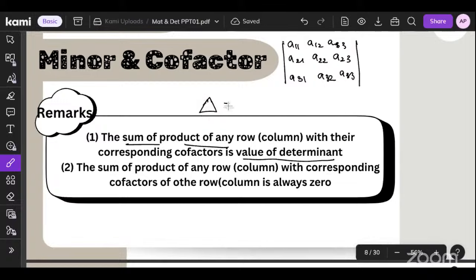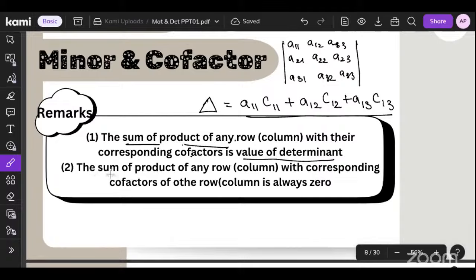The sum of the product of any row with their corresponding cofactors, which means if you take a11, the corresponding cofactor C11, and then you sum it with a12 C12 plus a13 C13, if you are solving like this, you will be getting the determinant of the given matrix. This is the first statement it is trying to convey.